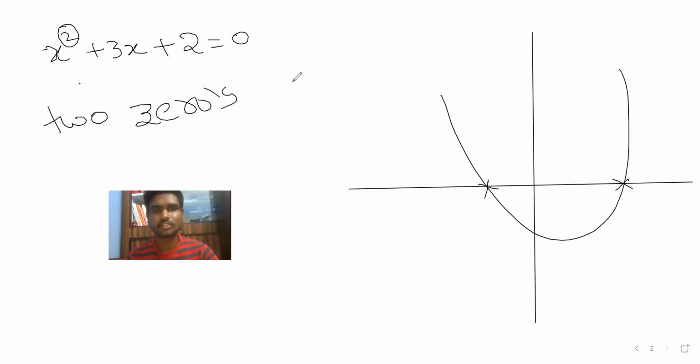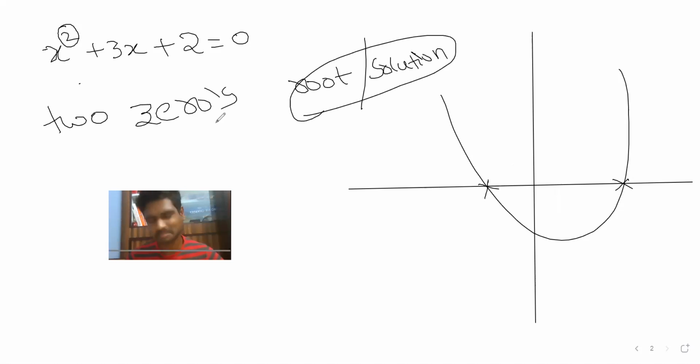It is also called a root, and also called the solution. Remember the names, they can give anything. For now they are termed as zeros, but when we proceed further, we will call those values the roots of the equation.